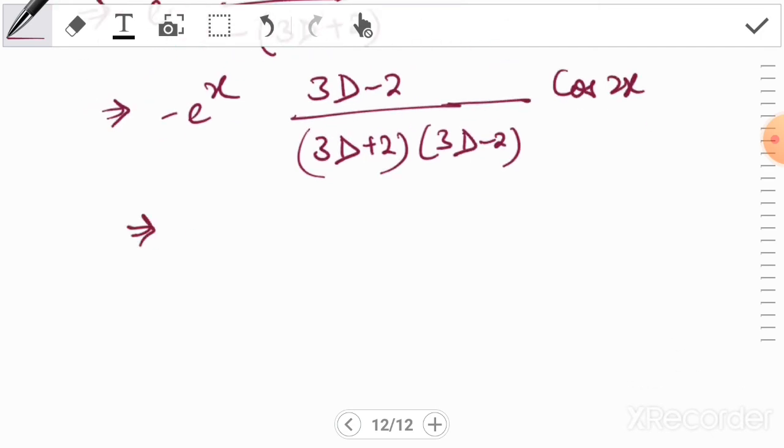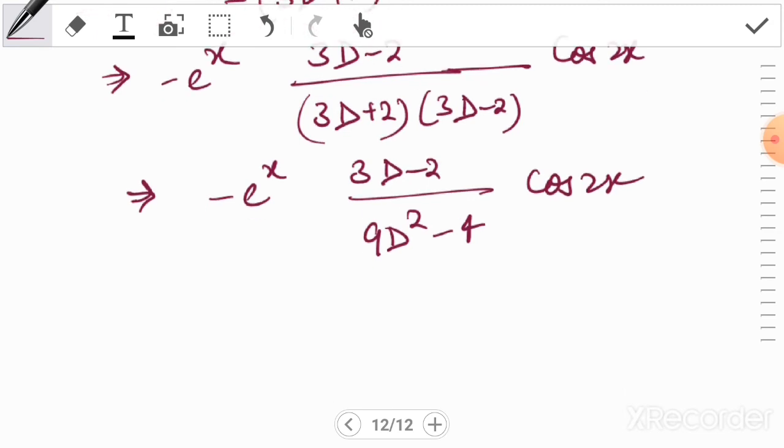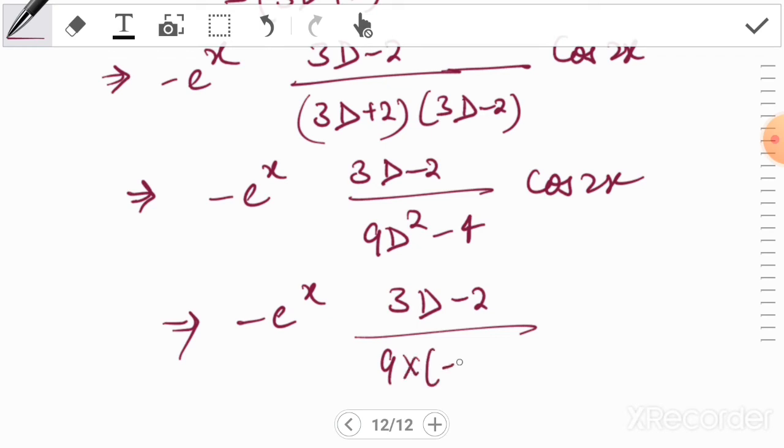This is equal to minus e raised to the power x times 3D minus 2 by 9D square minus 4 on cos 2x. Again put D square as minus 4. So minus e raised to the power x times 3D minus 2 by 9 into minus 4 minus 4, cos 2x.